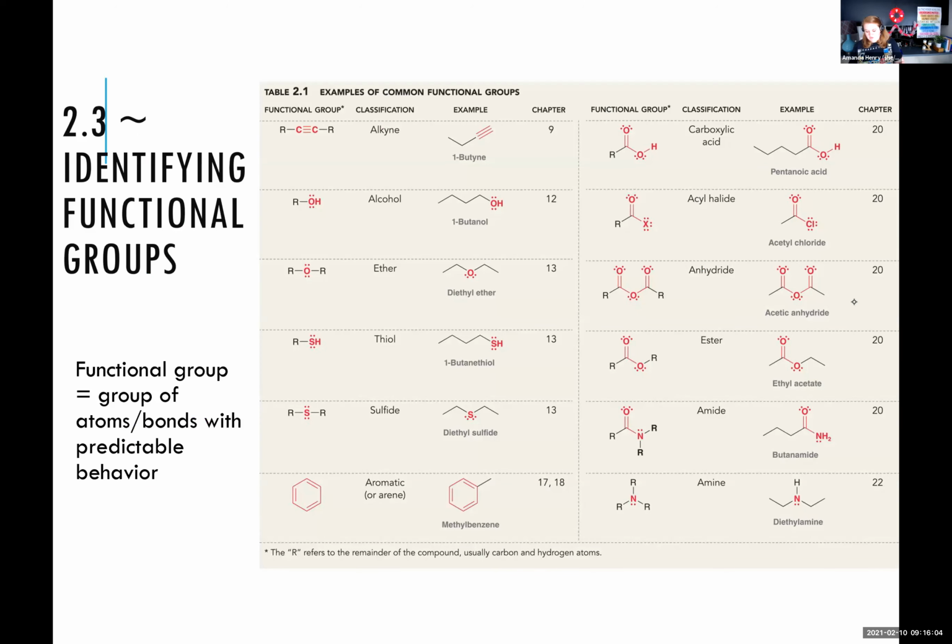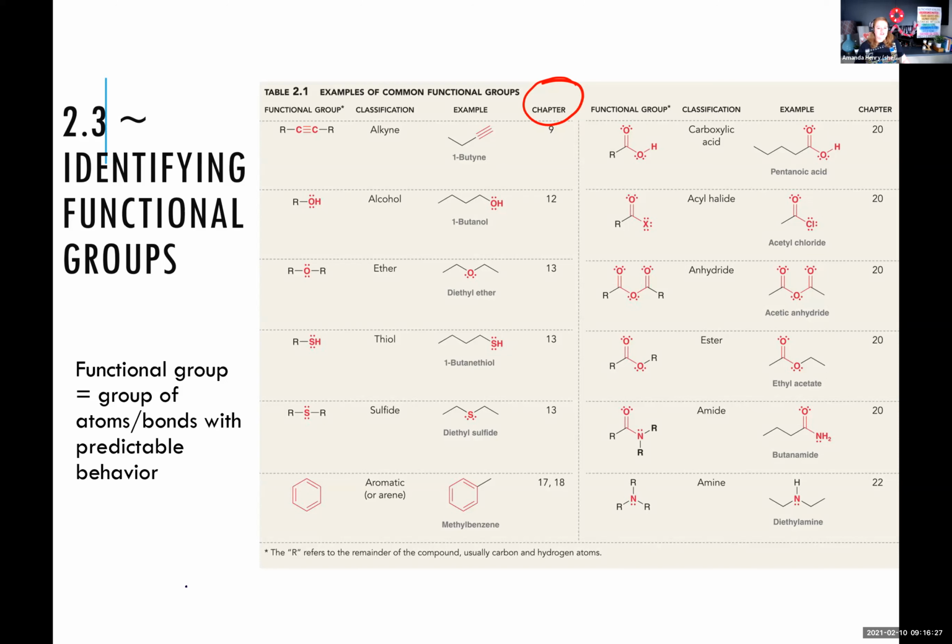This is a table straight from your book of functional groups. Notice that they also have chapters listed here. I mentioned that our first 6-ish chapters are focused on a lot of background and introductory information, kind of just what organic chemistry is.